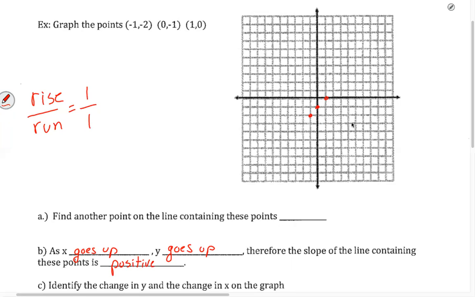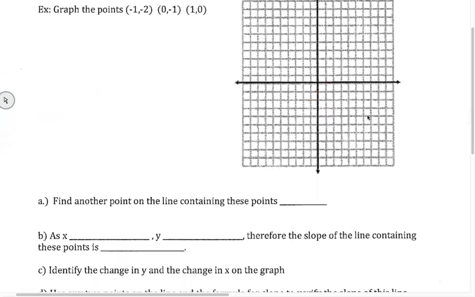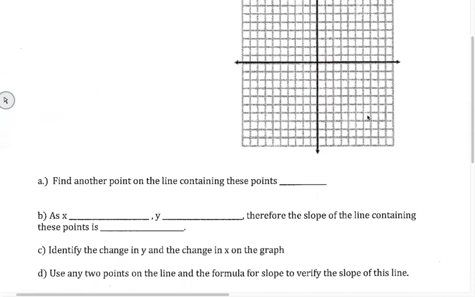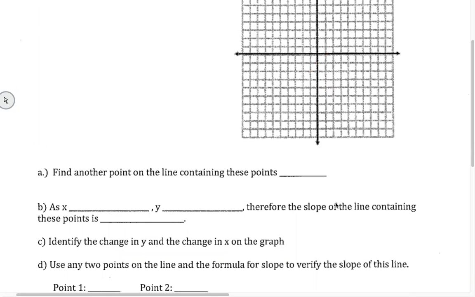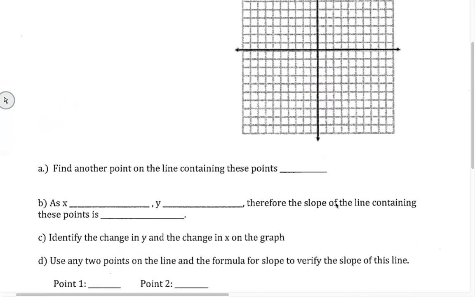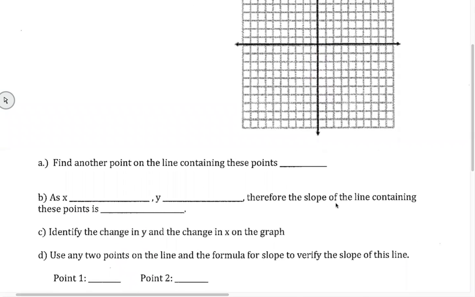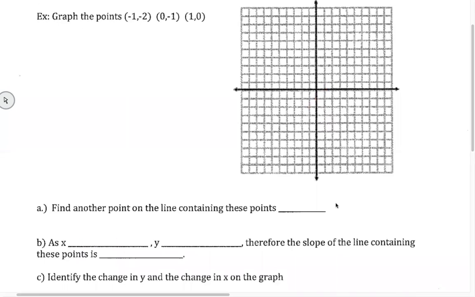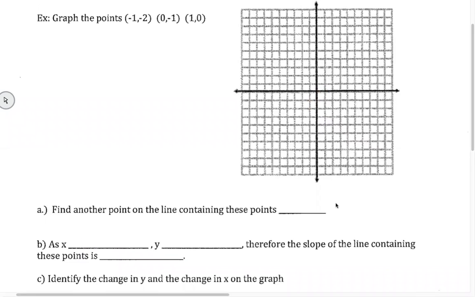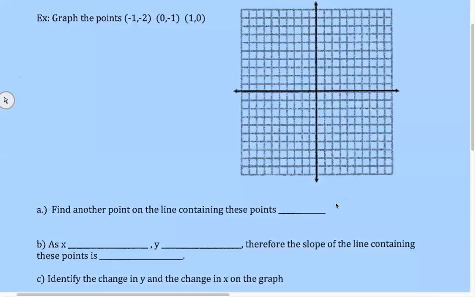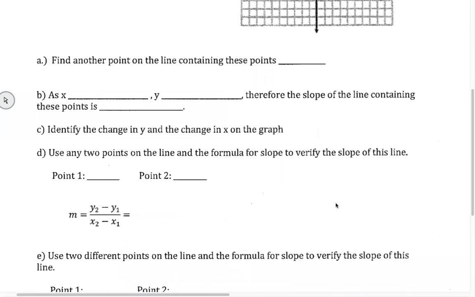All right. Now, it says identify the change in y and the change in x on the graph. We did that. That was my staircase numbers. Now it says use any 2 points on the line in the formula for the slope to verify the slope of this line. So let's use the points (-1, -2) and (1, 0).